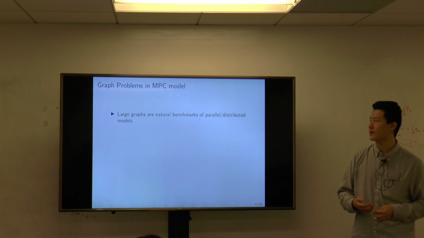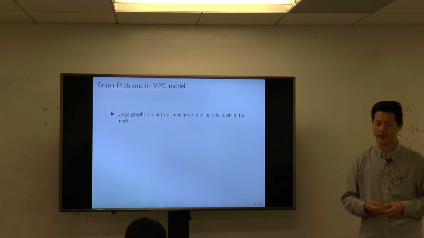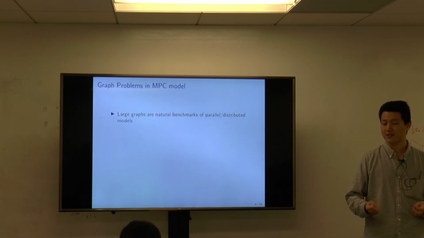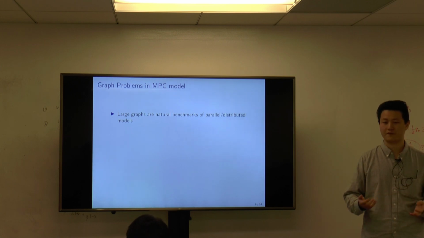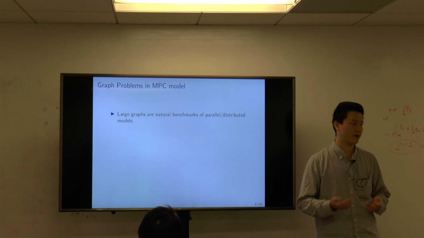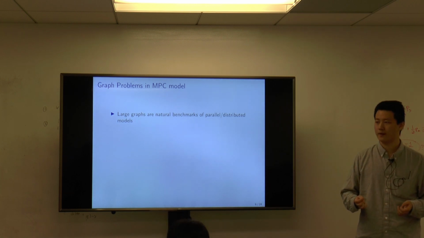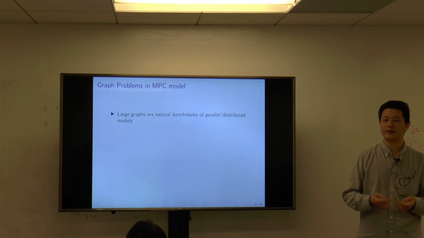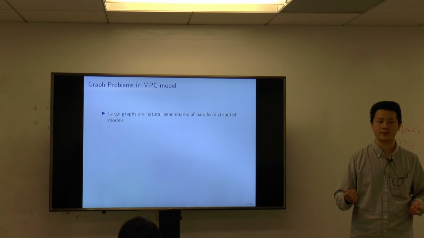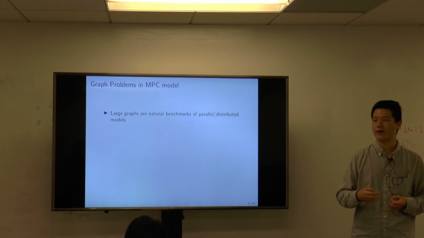So why should we study graph problems in the MPC model? Large graphs are very natural benchmarks of this parallel distributed computation model. In real life, there are many large graphs, for example social networks, transportation networks, or the internet, which have millions or billions of vertices and edges.